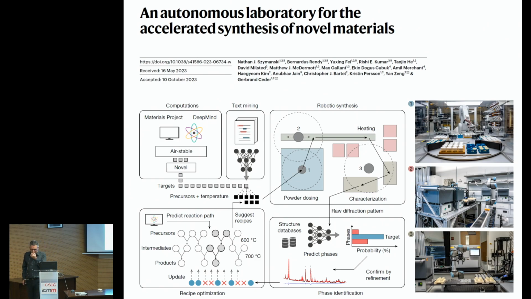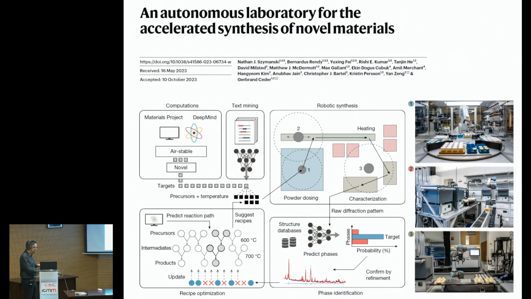So, coming back, this paper, quite recent, 1 year before, talking about an autonomous laboratory for synthesis of novel material. Here they did almost everything. They use AI to screen databases and find properties and propose new materials.